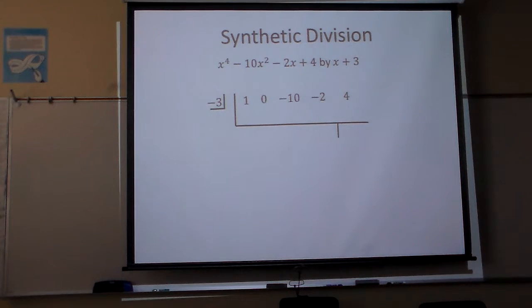All we're doing is this: if I was to write x plus 3 here, it'd be 1x to the fourth, 0x cubed, minus 10x squared, minus 2x, plus 4. What's missing? Just the variables. Everybody understand? And by using the inside liar version, I'm not going to have to subtract. I'm going to be able to add.